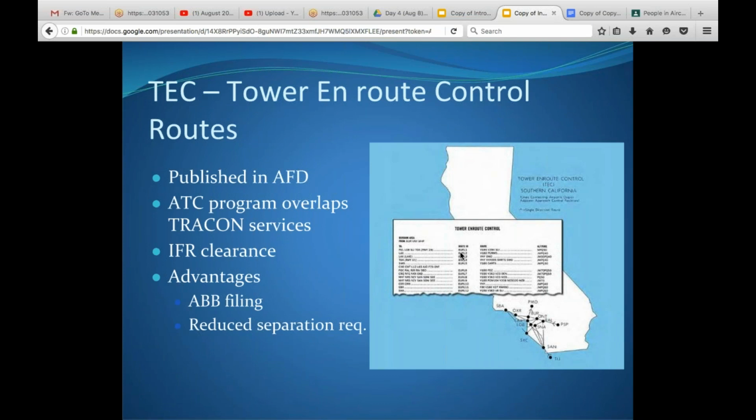Basically, the federal regulation states 250 knots indicated airspeed. We don't really have control of ground speed, right?